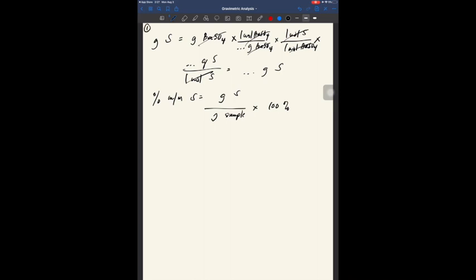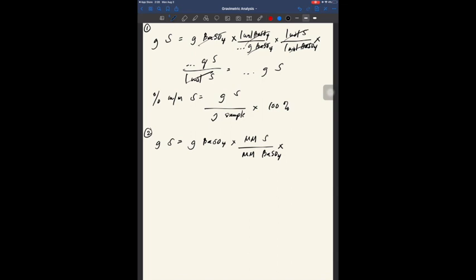So this one is by using the stoichiometric calculation. If you use the gravimetric factor, then you can just calculate it like this. Grams of sulfur is equal to grams of your precipitate multiplied by the molar mass of sulfur over molar mass of barium sulfate, multiplied by the gravimetric or the stoichiometric mole ratio.